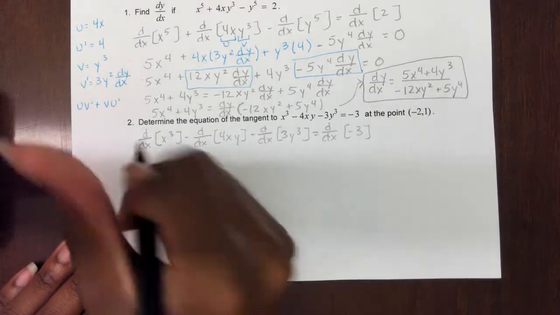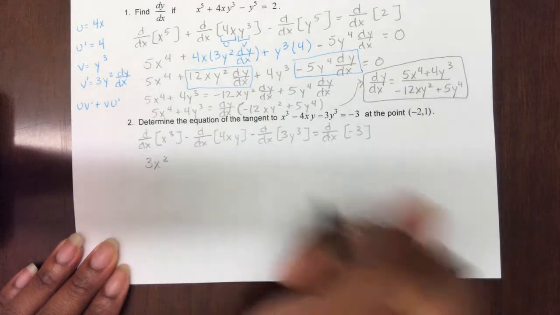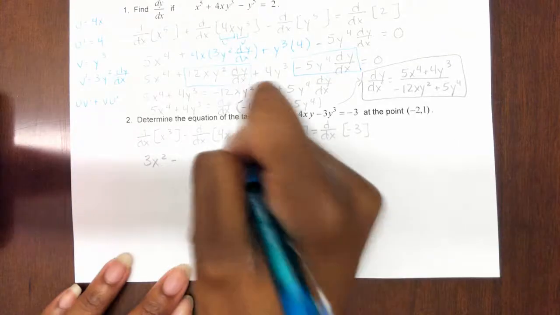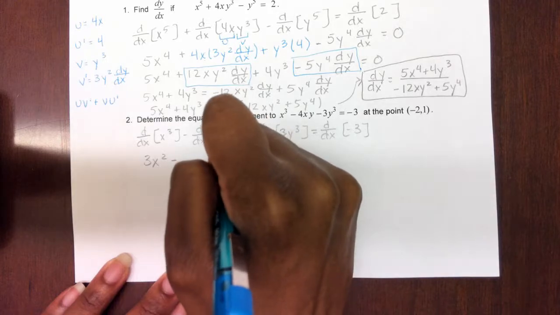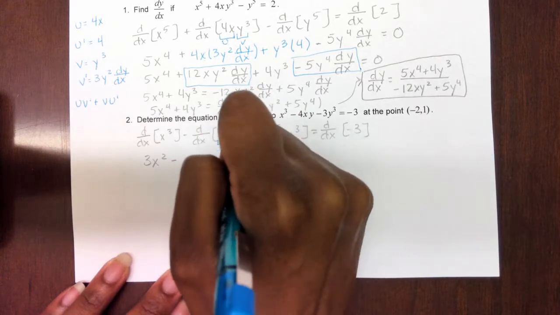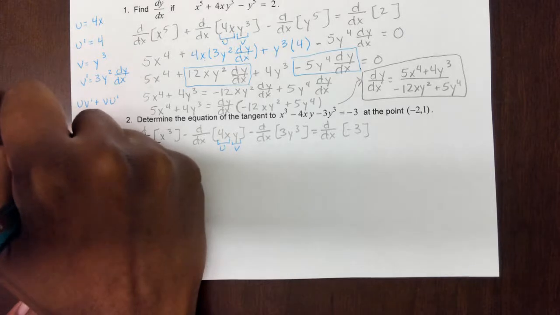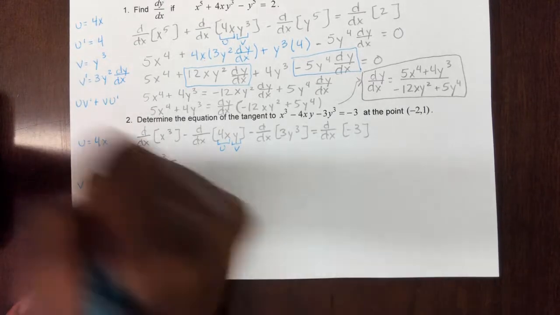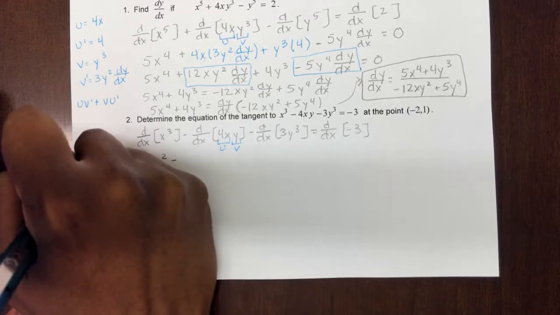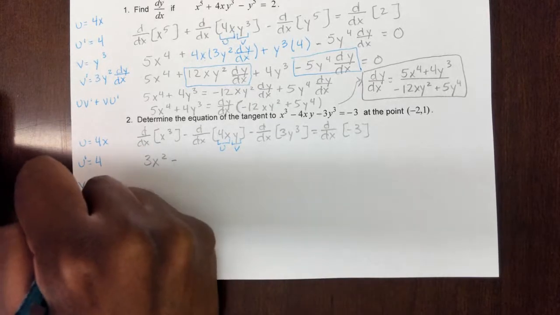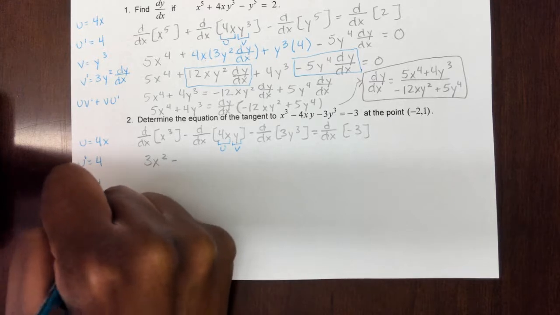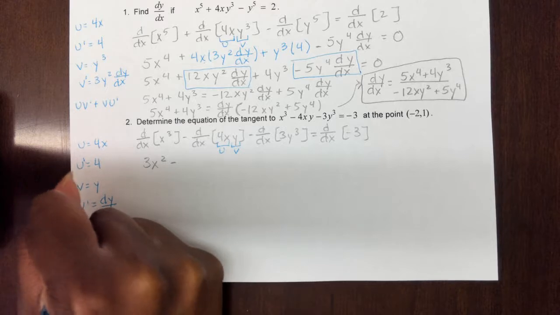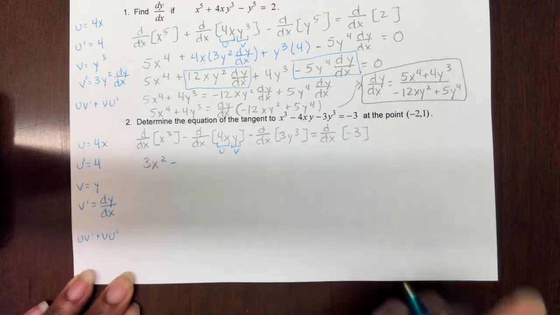So the derivative of x cubed, we know is 3x squared. And then we're going to subtract. Here we have product rule. So 4x is my u, y is my v. So u prime is 4, and v prime is dy/dx. And we want u v prime plus v u prime.